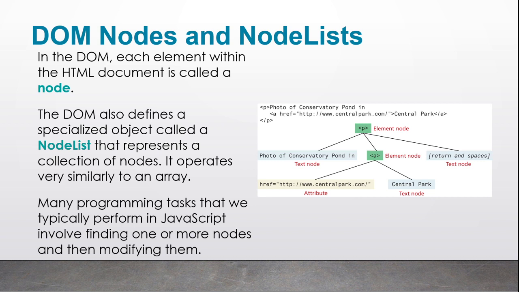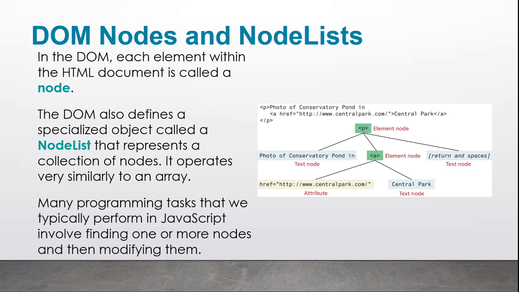So things like dynamically generating content, or listening for somebody to click a button, or submitting forms. Those are all tasks that involve a node and a modification of some kind.